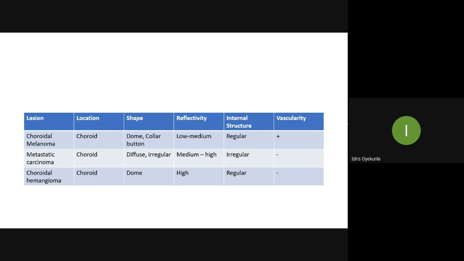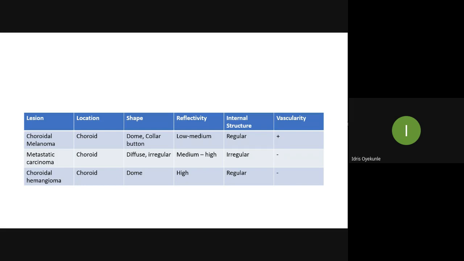And the internal structure of a metastatic carcinoma to the choroid is not regular, as compared to the regular internal structure seen in choroidal melanoma. Also, there is absence of vascularity in a metastatic carcinoma.